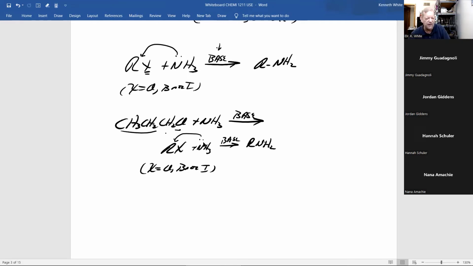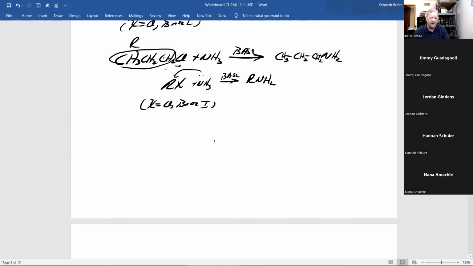And therefore, what's my R group? This. Which carbon has the nitrogen? That one. Do you break carbon-carbon single bonds? No. And there you go. You get a primary amine, propylamine.